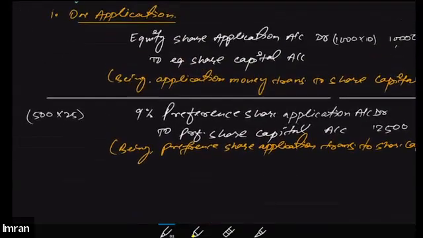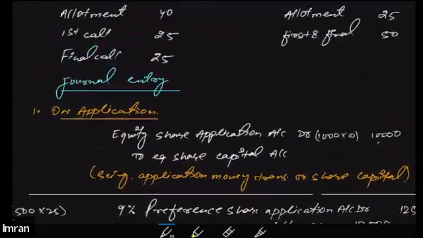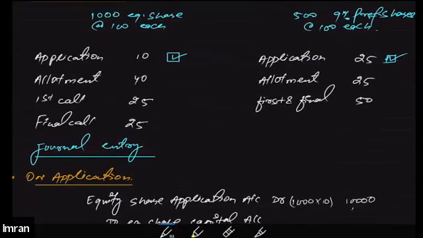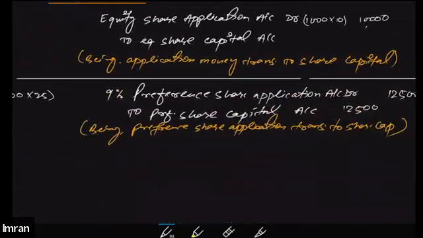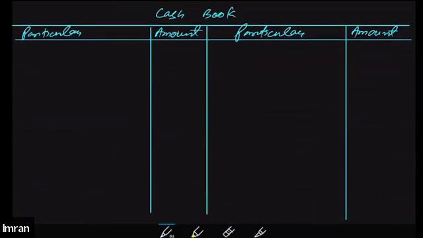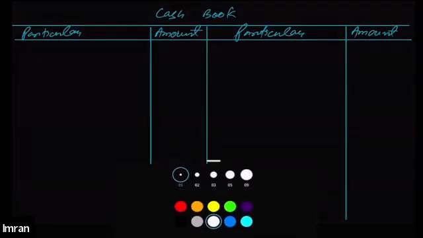Now we will be doing the journal entry for the allotment, for the first call, for the final call in the same way. But wait, we need to show the receipt of application money on equity share and preference shares in the cash book as well.